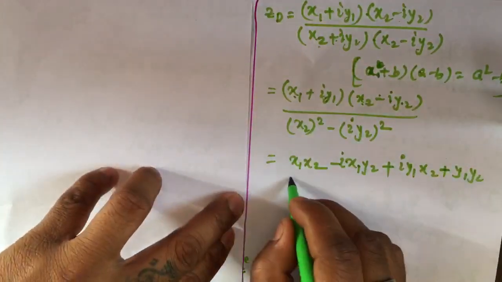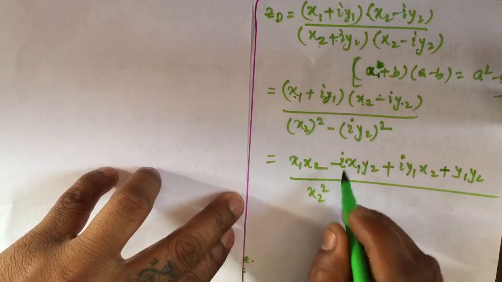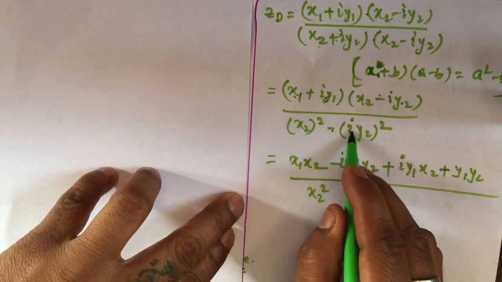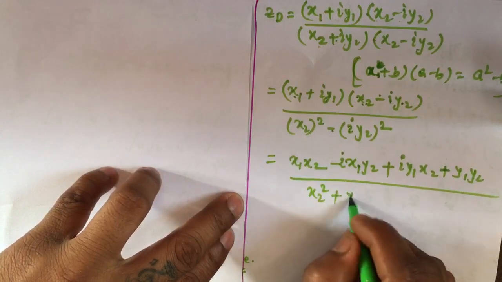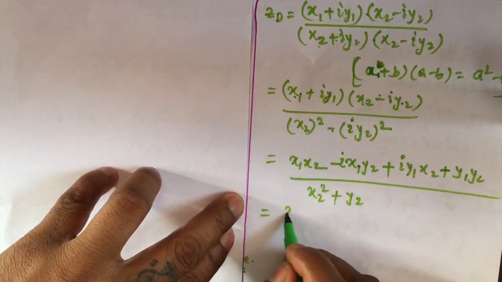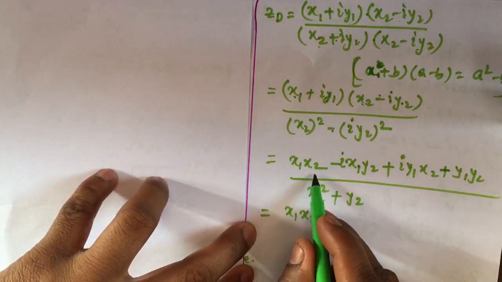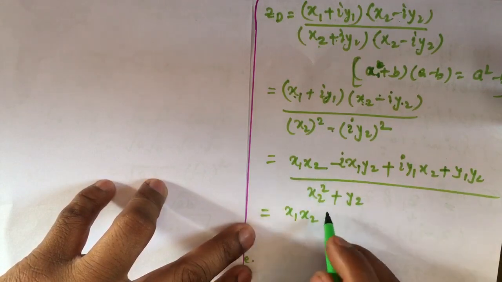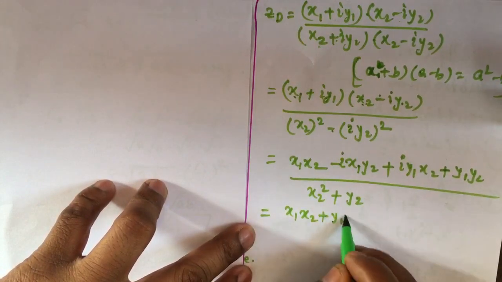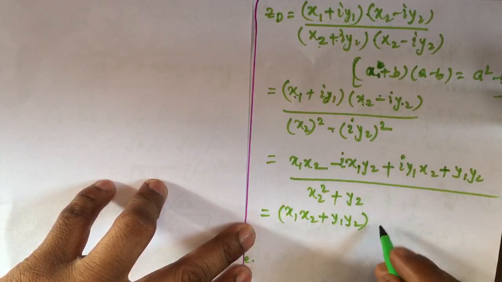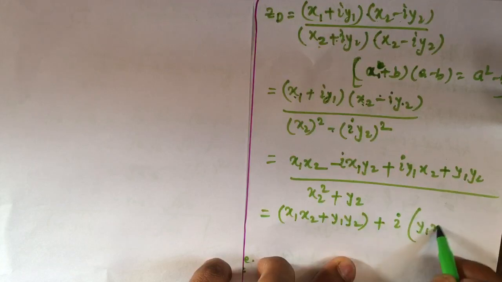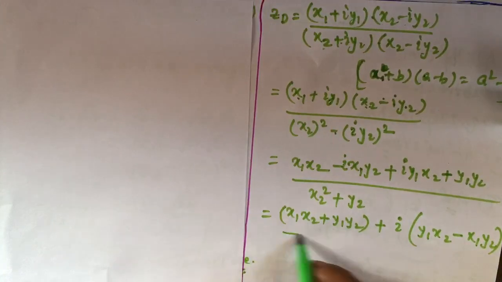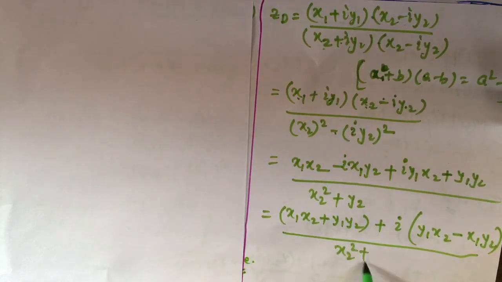In the denominator the minus gets cancelled by i square, giving x2 square plus y2 square. Now separating the real and imaginary parts: the real part is x1 x2 plus y1 y2, and the imaginary part, taking i as common, is y1 x2 minus x1 y2. In the denominator it is x2 square plus y2 square.